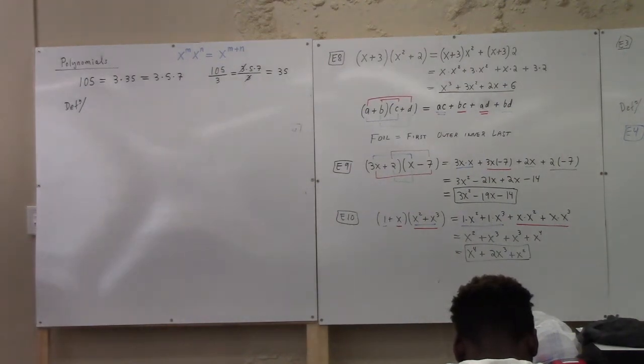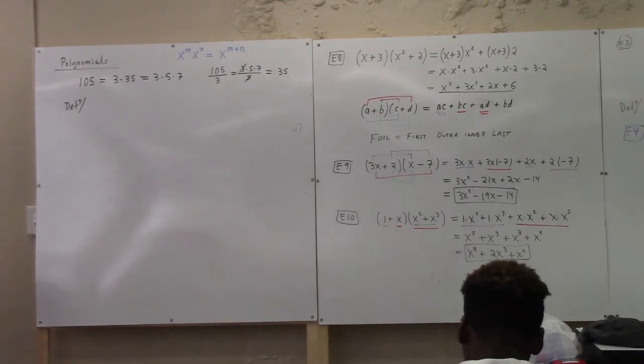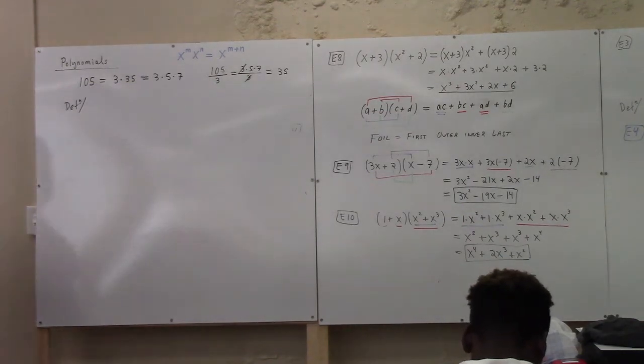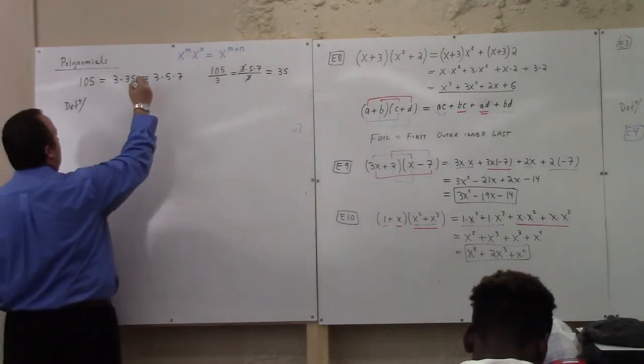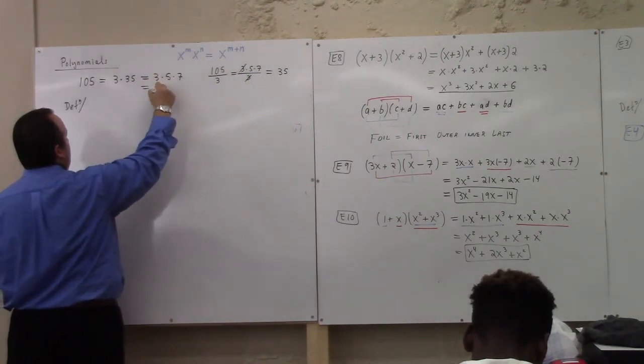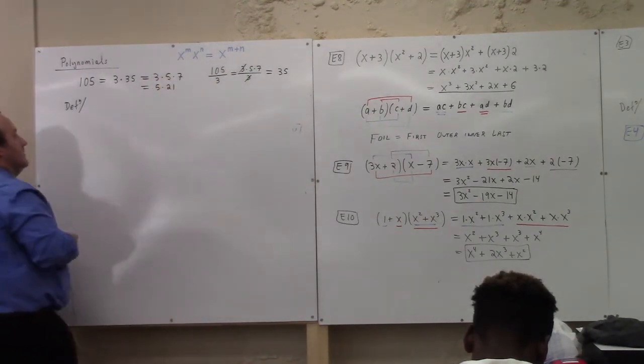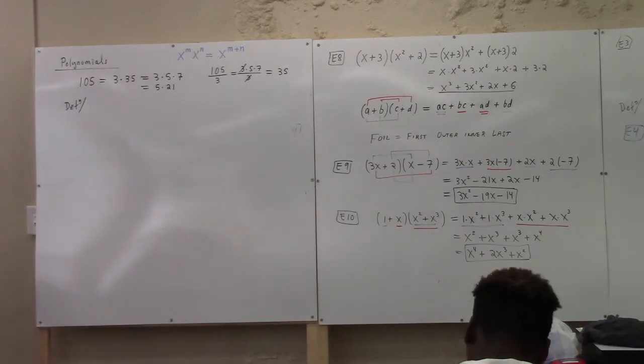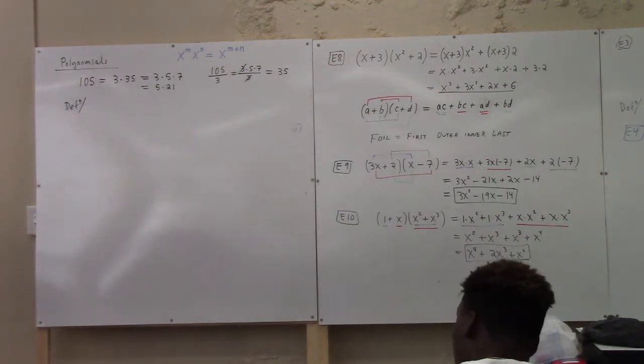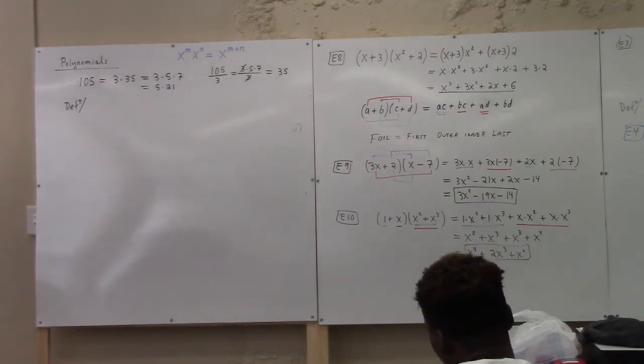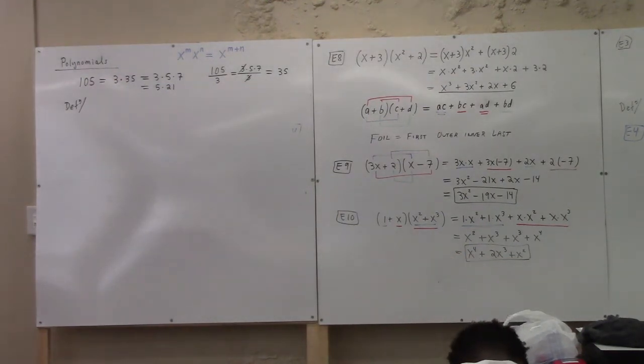5 times what? 5 times 21. Oh, 5 times 21. Ah, yes, very good. That's another way we could look at it. Very, very true. Thank you. Or what? There's another one, isn't there? I mean, there's the really stupid one.